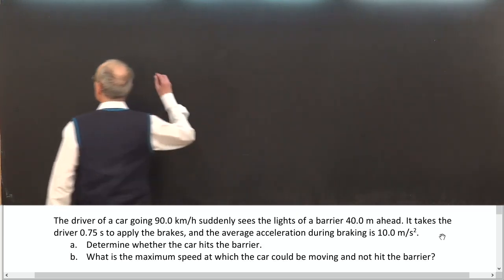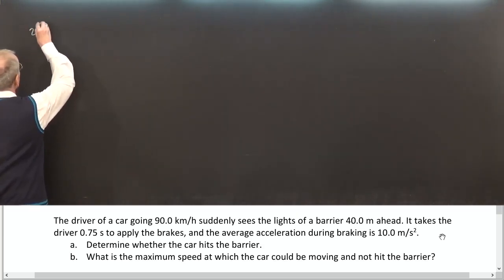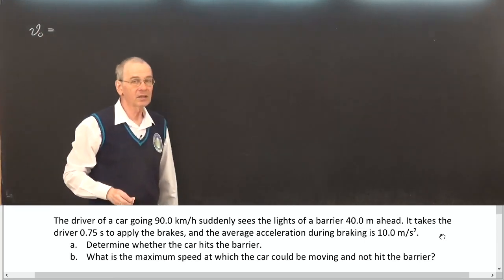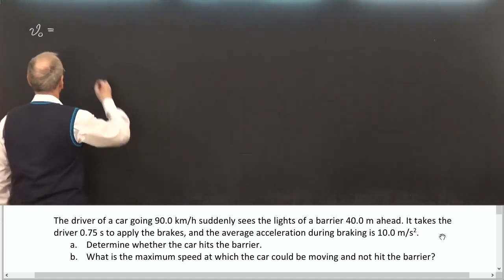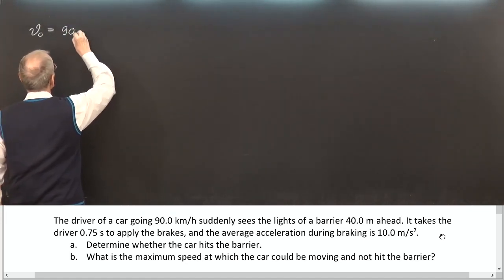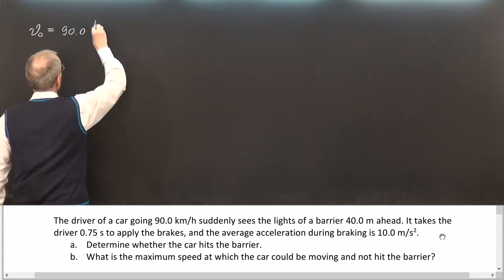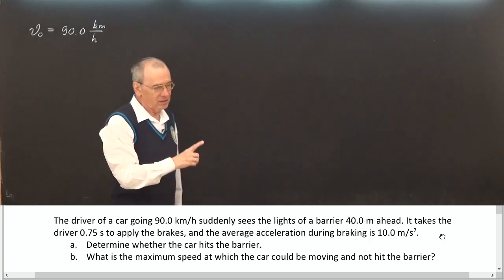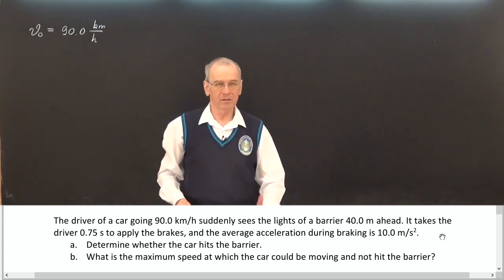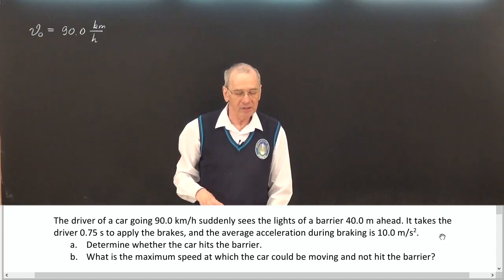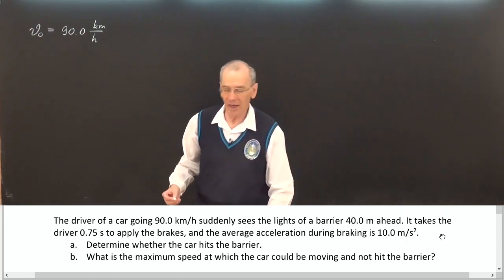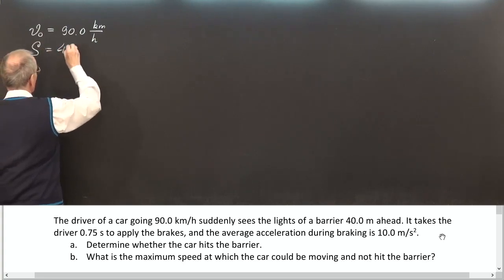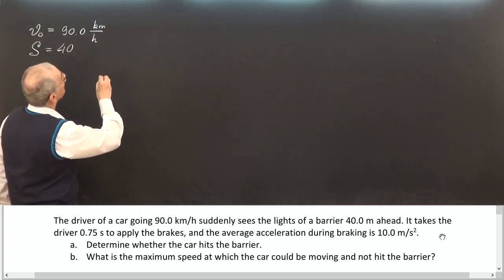Statement in a short form. Let V0 stand for the initial speed of the car, 90 kilometers per hour. The distance between the point where the driver sees the lights and the barrier, S, equals 40 meters.